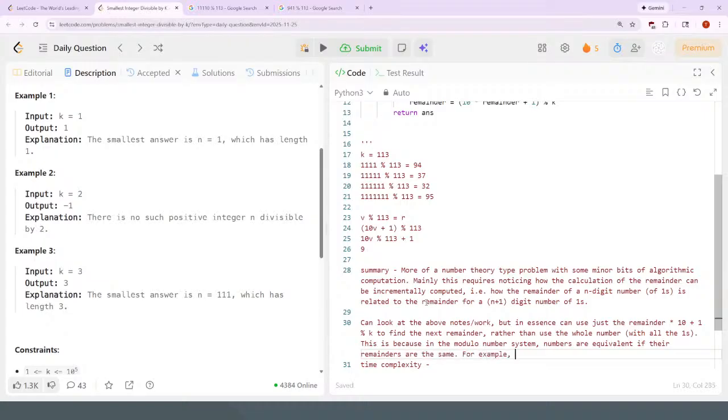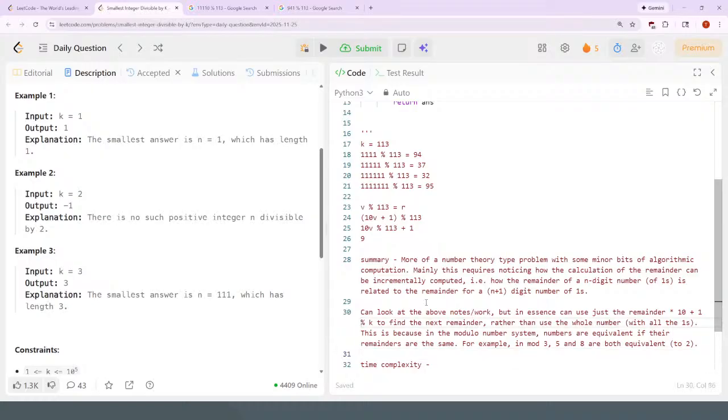For example, in mod 3, something that has remainder 2, like 5 and 8, are equivalent to 2. 2, 5, and 8 all have remainder 2, so they're all equivalent.